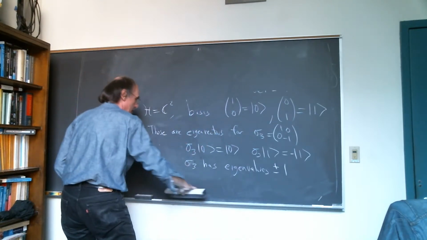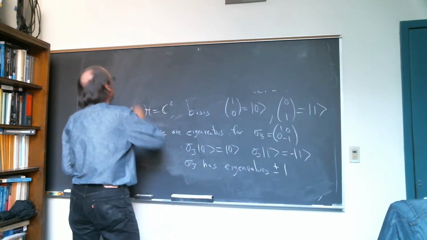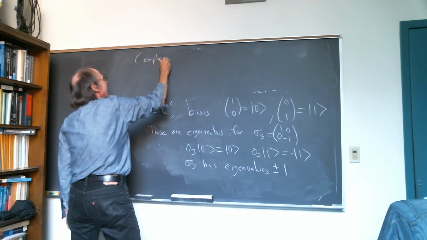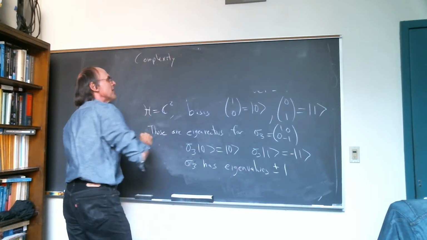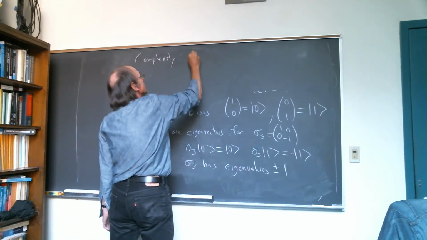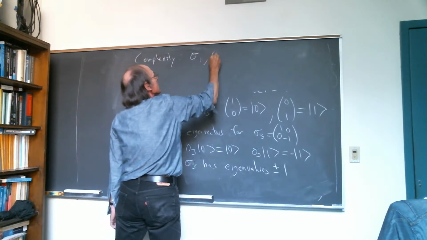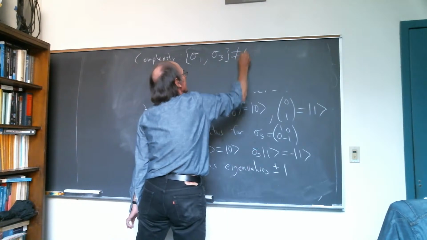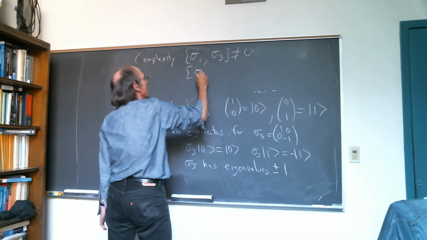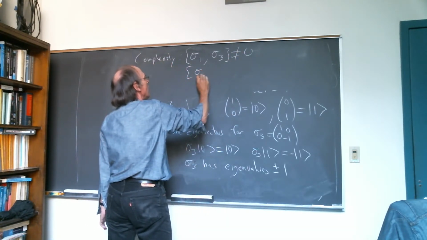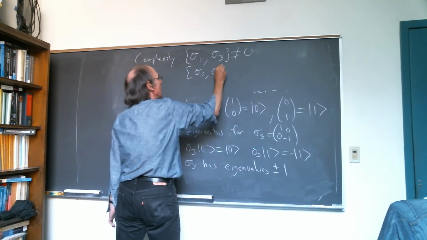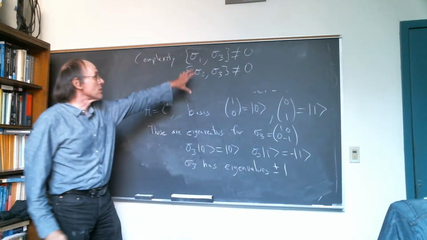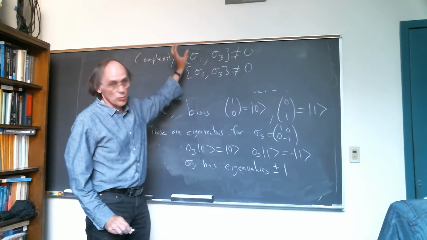So the complexity at sigma 1 comma sigma 3 is not equal to 0, and sigma 1 2 comma sigma 3 is not equal to 0. Okay, so here's where all the problem comes in.